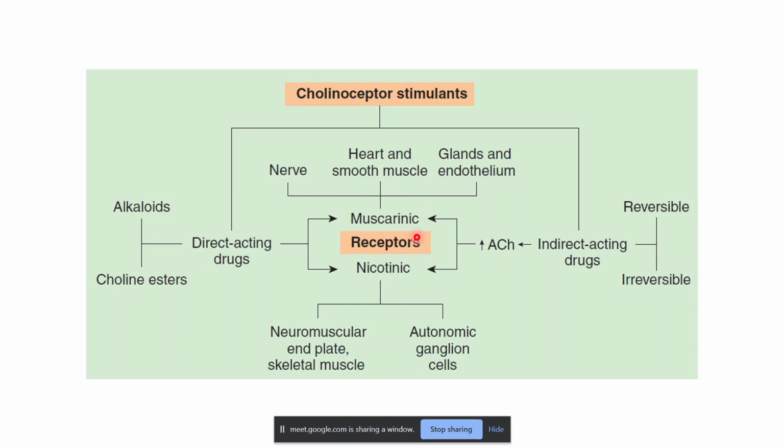So, another alkaloid, nicotine, stimulated ganglia mostly, and also the skeletal muscle neuromuscular junctions, but not the autonomic effector cells. The ganglion and skeletal muscle receptors were therefore labeled nicotinic, so nicotinic receptors.